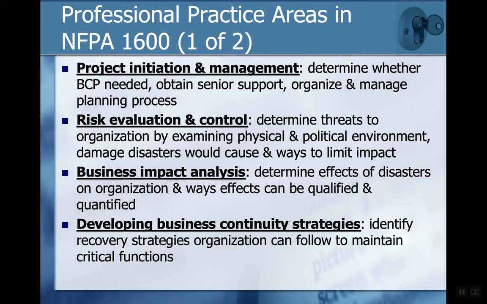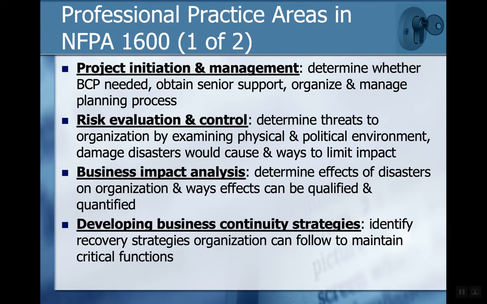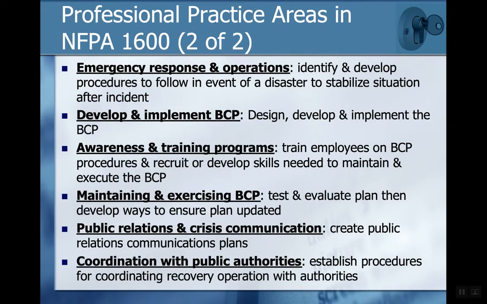A couple of things around that. There are some of the guidelines that came in there, practice areas around this: the NFPA 1600, as they called it. Project initiation management, risk evaluation, business impact analysis, continuity strategies. Things like emergency response, the development and implementation of a business continuity plan, awareness programs.